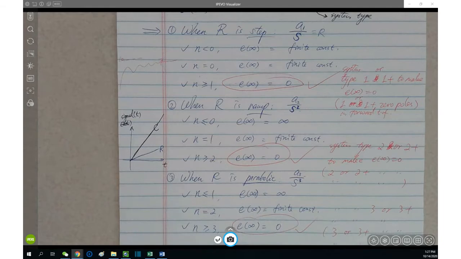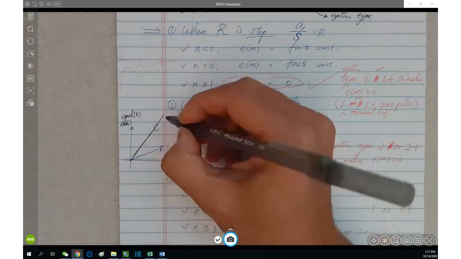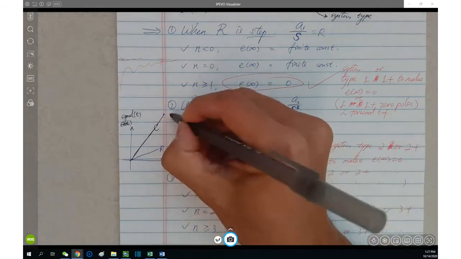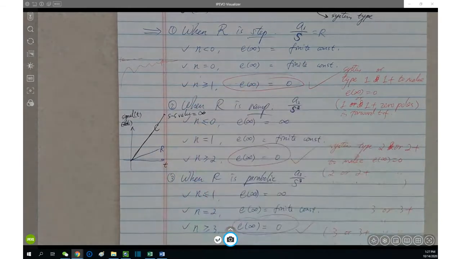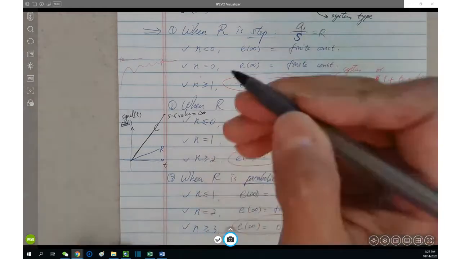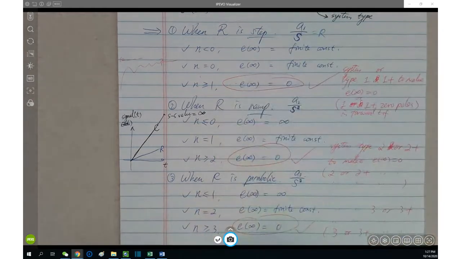So what is the steady state value here? Clay is right. Your steady state value is nothing but infinity. Does it make sense? It's approaching infinity. What does it mean by steady state value?